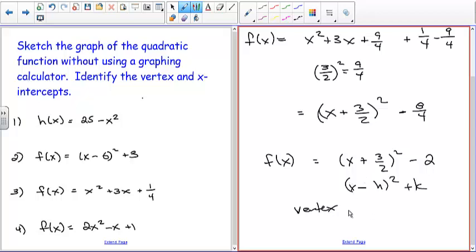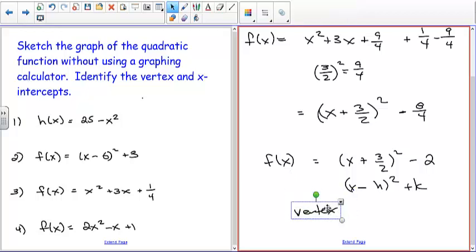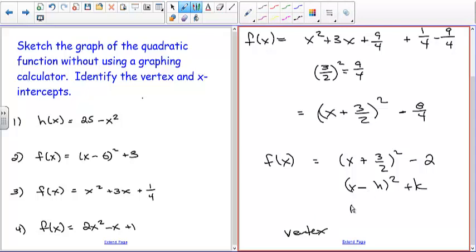So in this case that is going to be x minus a negative 3/2 squared minus 2. So I've got x minus h, so h is equal to negative 3/2 and k is equal to negative 2.